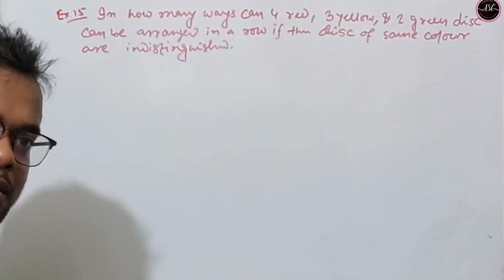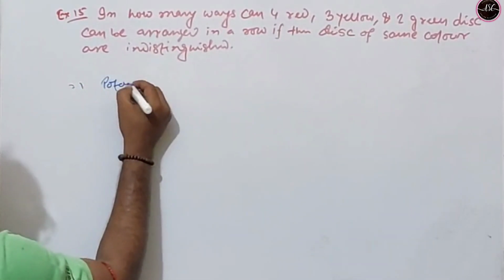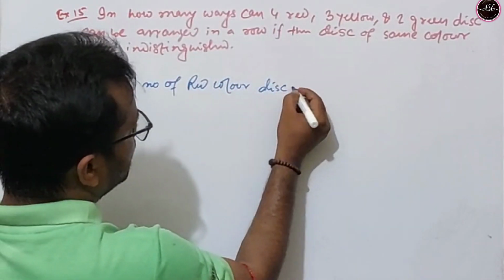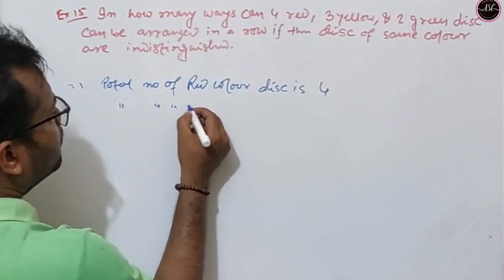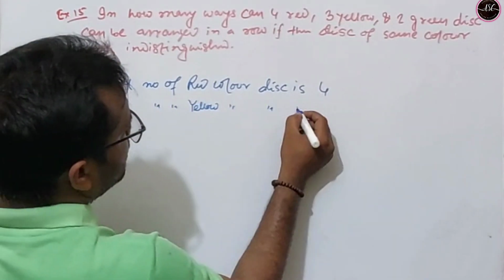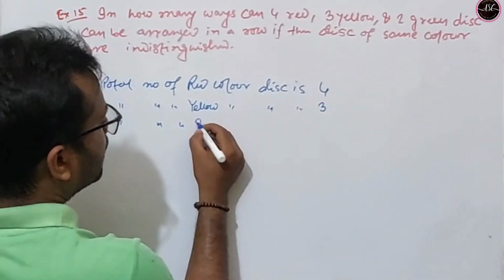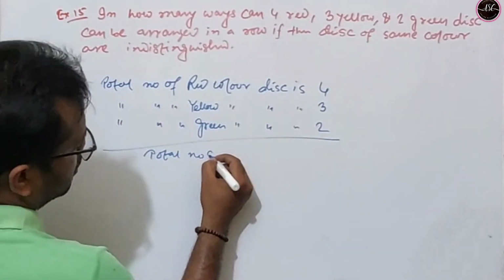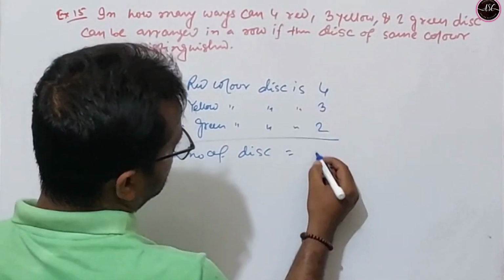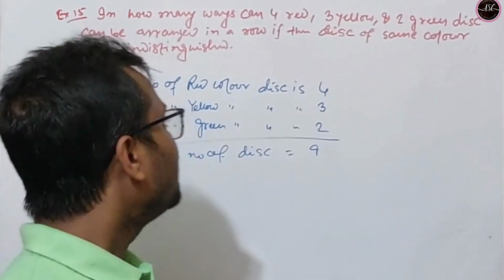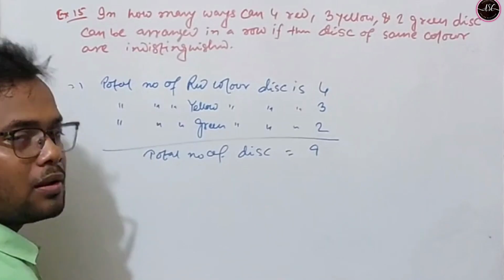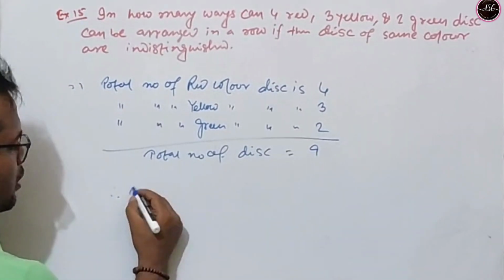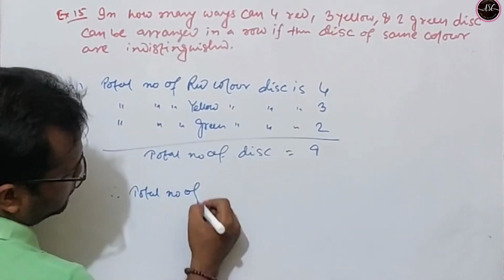Total number of yellow color discs is 3, and total number of green color discs is 2. So total number of discs is 9.